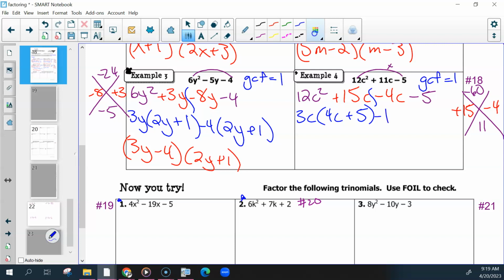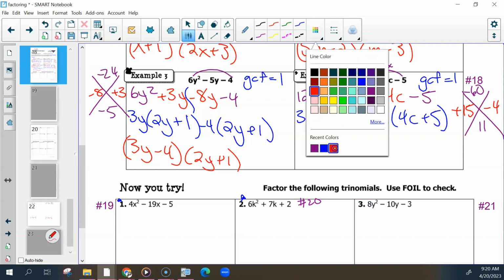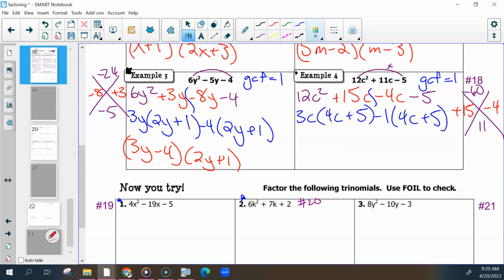So negative 1. And then what would that inside be? So then what would your final two answers be? Minus what? 1. There we go.